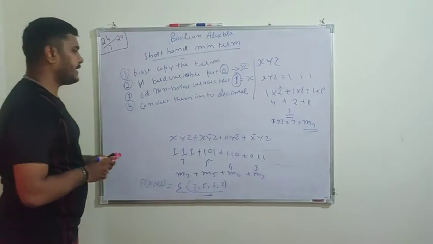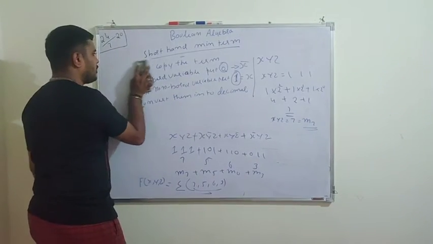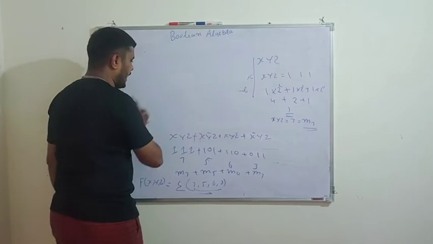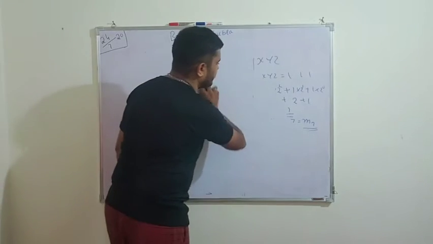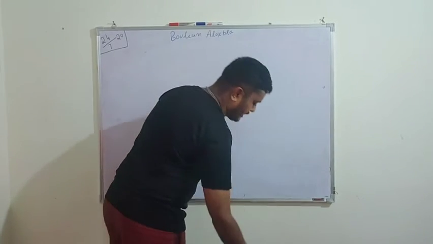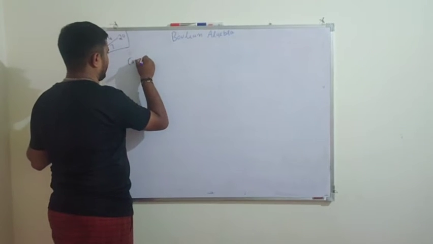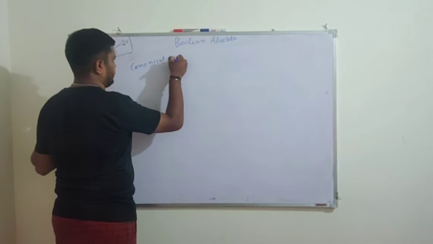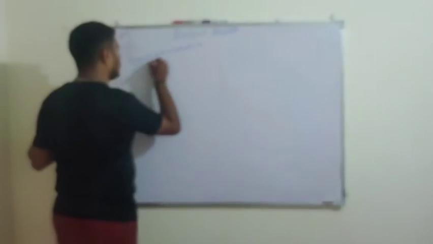After finding the shorthand minterm, in the last class I explained the canonical expression. So what is this canonical expression?